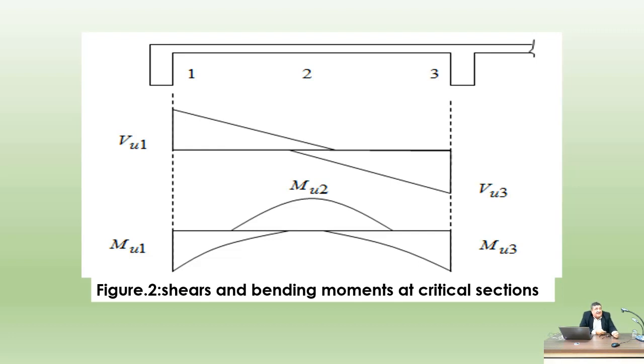For shear diagram, the critical section is at the face of supports, here the face of the beams, while the moment diagrams are: 3. Exterior negative moment at the face of exterior support, and positive moment at midspan, and interior negative moment at the face of the interior or at the first interior beam.